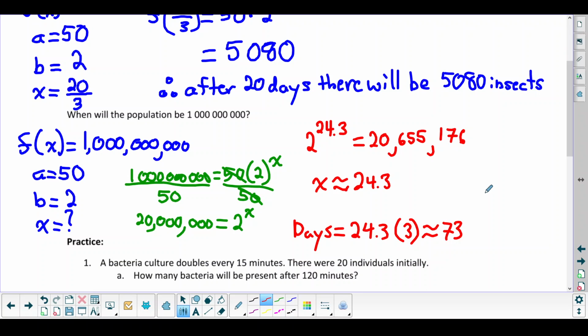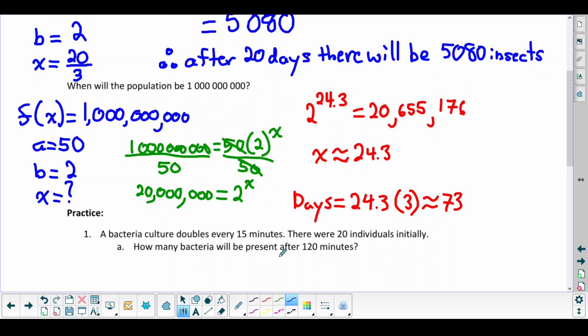Okay, and lastly, so that's how many days. Let's just write a quick conclusion here. I don't have a lot of space, but I'm going to squeeze it in. So therefore, after about, so we should indicate in our response to the question that we've approximated. So you could say after approximately or after about.